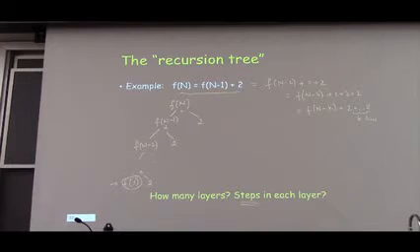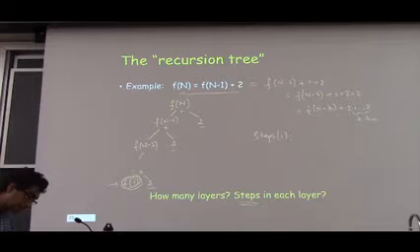Finally, this f of 1 is a constant, and all the 2's are constants, and eventually those are the ones that get added up. That's what I call the steps in each layer. So we've got to figure out how many layers there are, and if we take steps of i to be the number of steps in layer i.